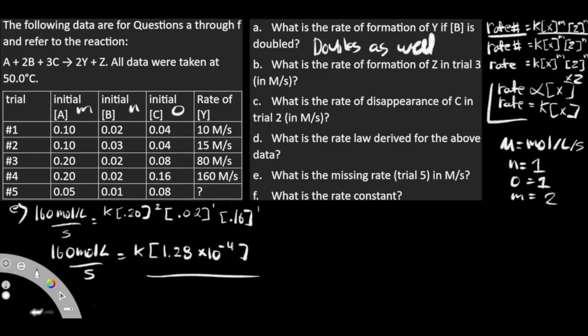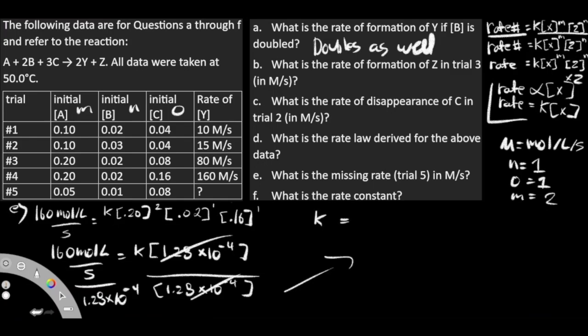Obviously I need to do a division on this side so that they can cancel out. If I do it on the right side, I need to do it on the left side. So my K ends up being this divided by that. I end up getting 1,250,000. This is going to be my K value.